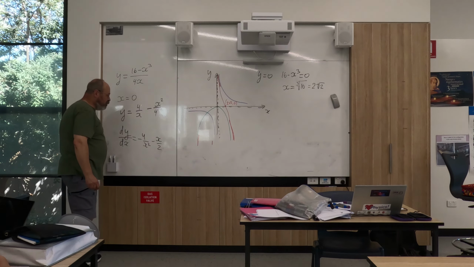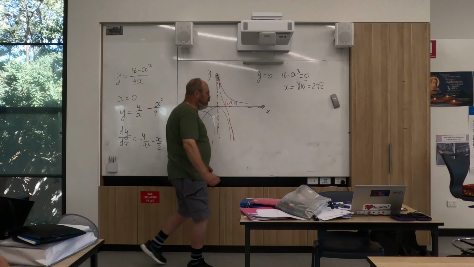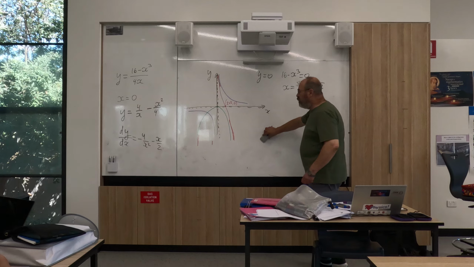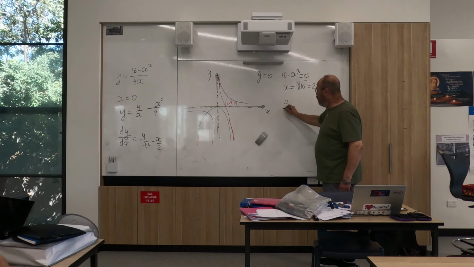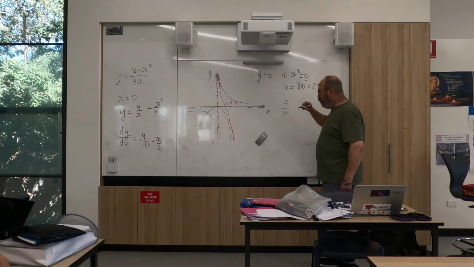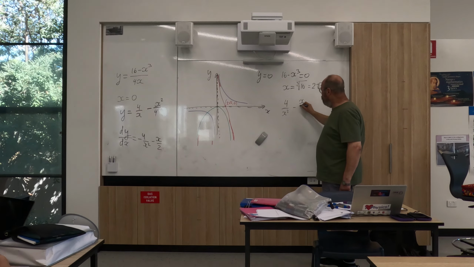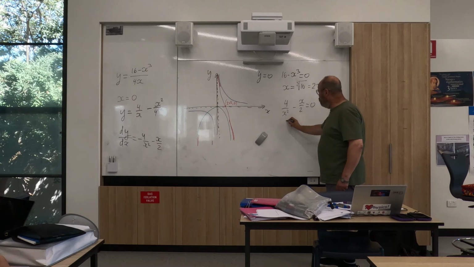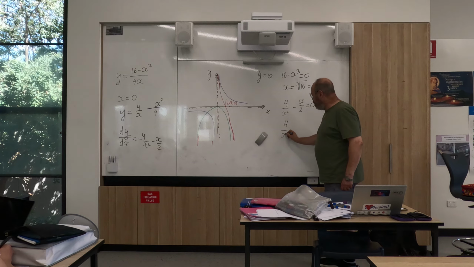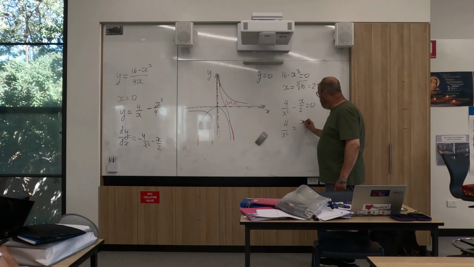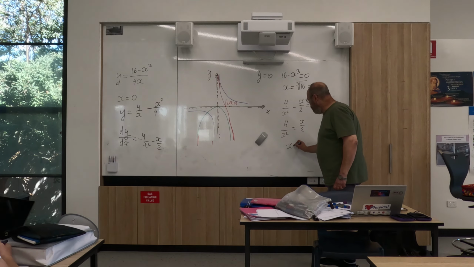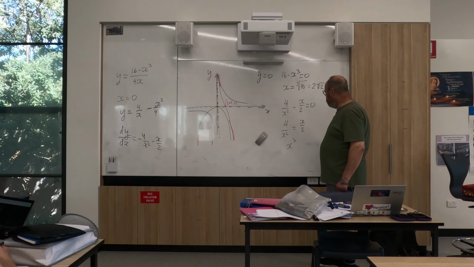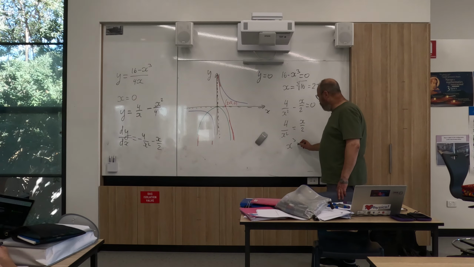So let's equate it to 0. We have the equation 4 over x squared minus x on 2 equals 0. 4 over x squared equals x on 2, we get x cubed equals 8.